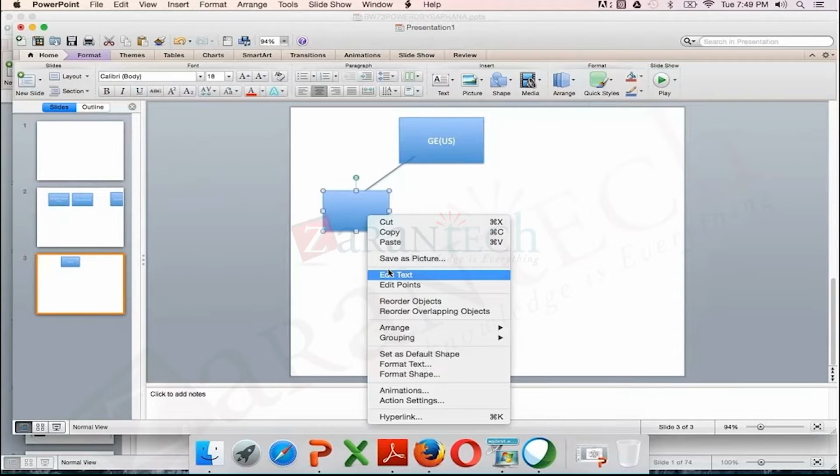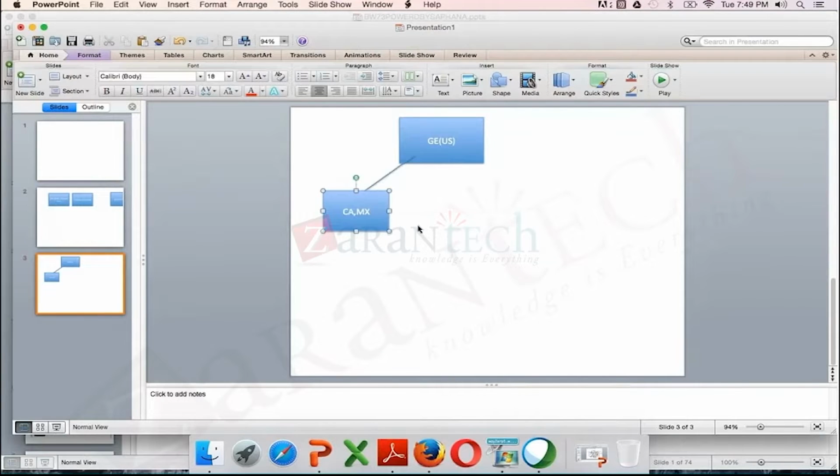In Asia, India, China, Philippines. Just giving an example. In Asia Pacific, Australia, New Zealand.